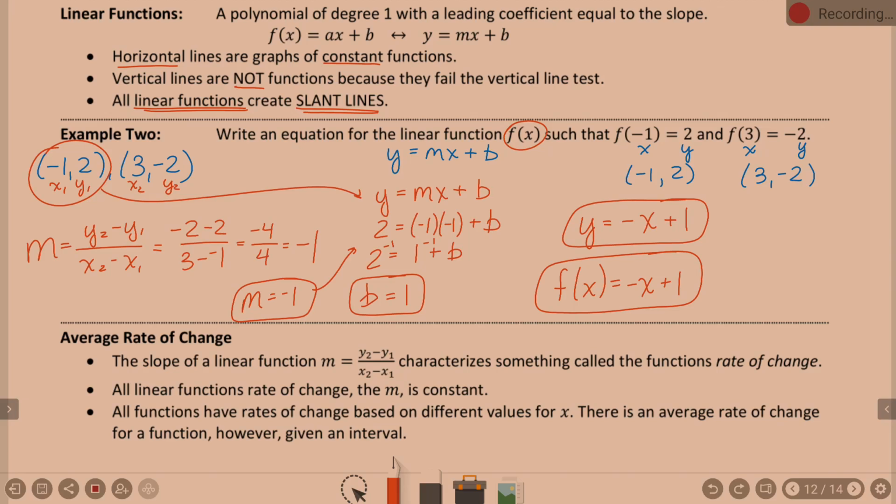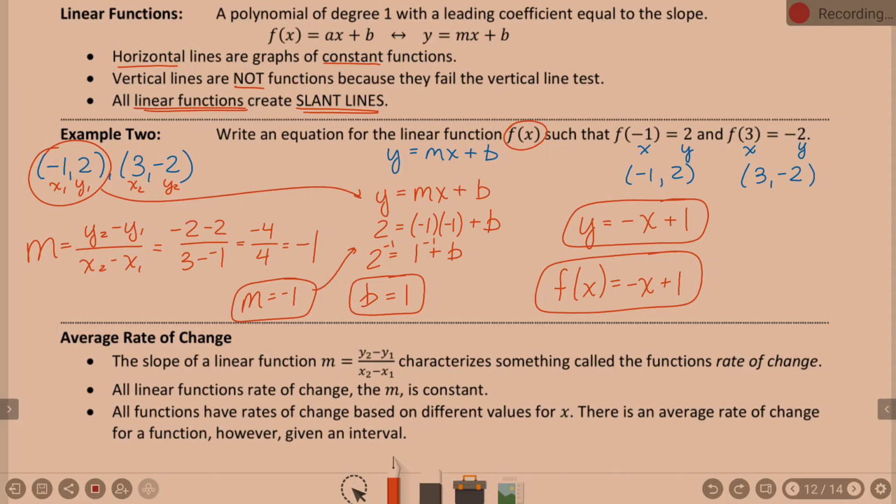Okay. Continuing along then. The way my spacing worked out, we have some average rate of change information here, and then we'll look at examples on the back. Average rate of change is a fancy way of saying slope. The slope of a linear function, which we already talked about, y2 minus y1 over x2 minus x1, characterizes something called the function's rate of change.